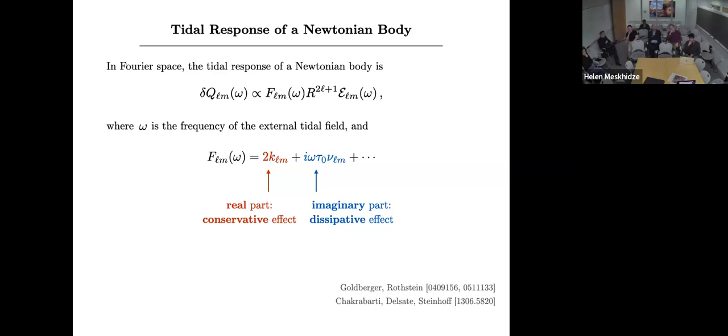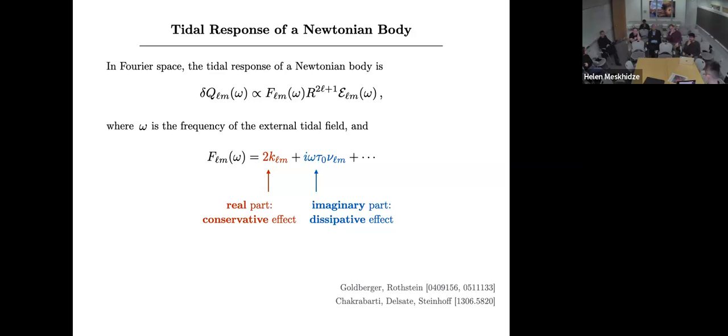The key takeaway from this slide is that in order to distinguish the conservative piece from the dissipative piece in the response function, you read off the real and imaginary parts of the total response function. This sounds obvious, but it turns out this simple but crucial observation will play an important role in teaching us how to read off the response function of black holes in GR.